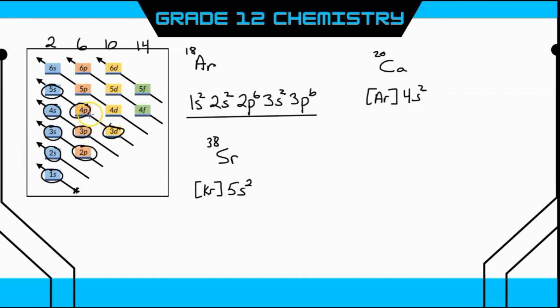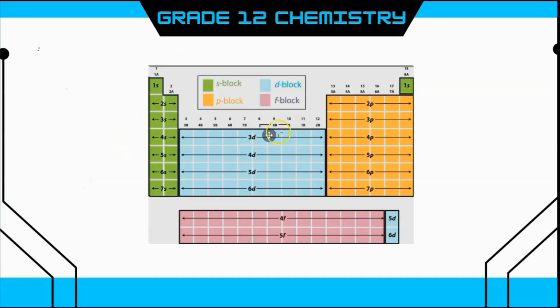Let's look at another way of doing electron configuration where we're going to use the periodic table to help us. So here's our periodic table, and there's a pattern with where all these orbitals are. Here are all your s orbitals, with your s1s being your alkali metals and your s2s being your alkaline earth metals, and of course we've got helium over here.